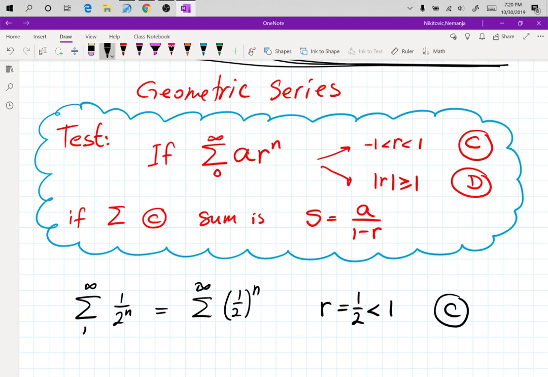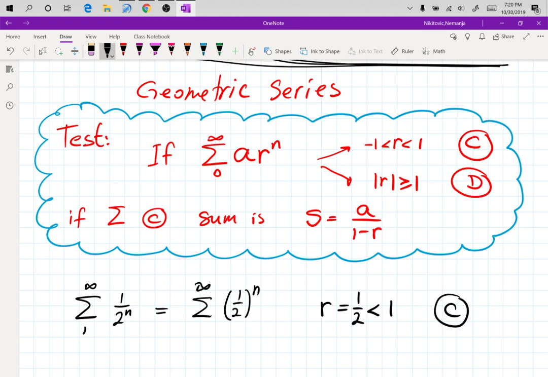Yes? Shouldn't the number under the sum be 0? That's important for the second part. If we want to know the exact sum, we'll have to fix that, and we'll have to do something called shifting the counter, which we are going to do after 2 examples from now. But excellent eyes, yes. That's extremely important.